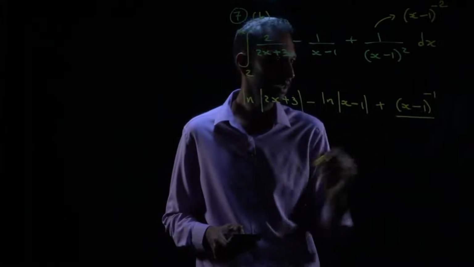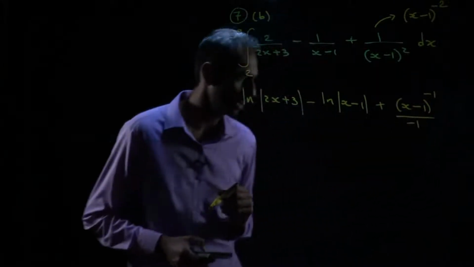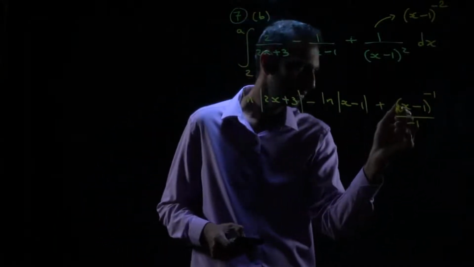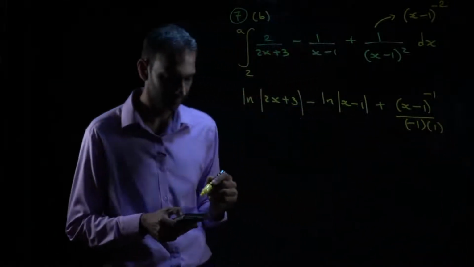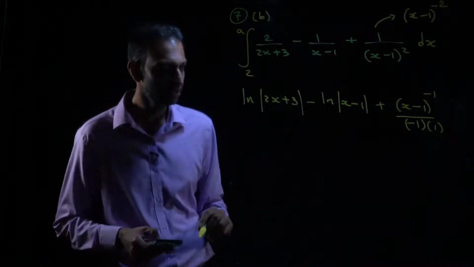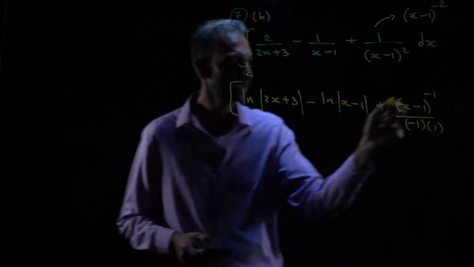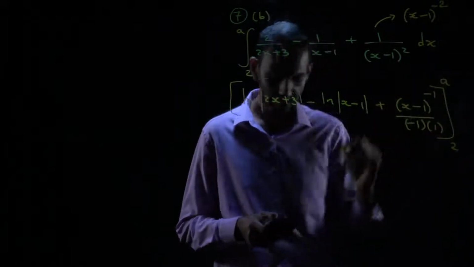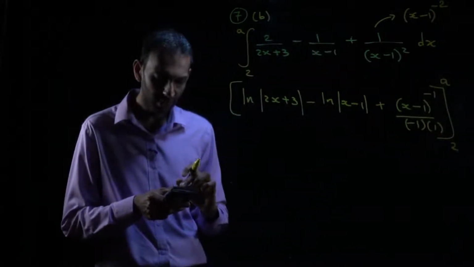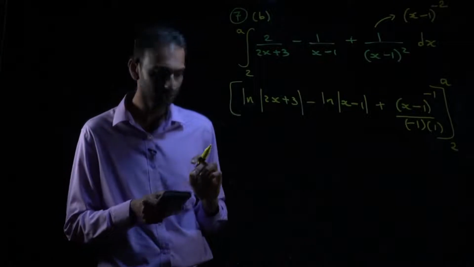I divide by the new power, which is minus 1, and I multiply by the coefficient of x, which is 1. Don't forget, this is the reverse of chain rule. The lower limit is 2 and the upper limit is a. Let me verify quickly in the question. Yes, it is correct, 2 and a.